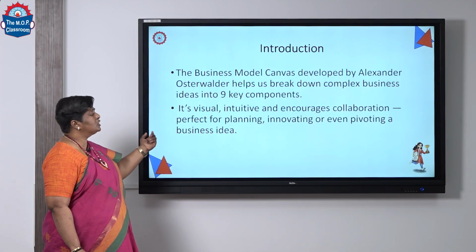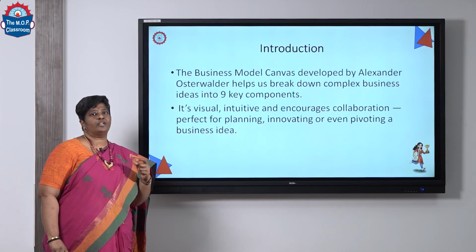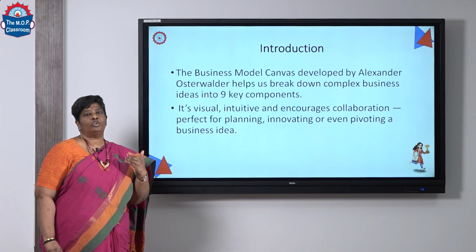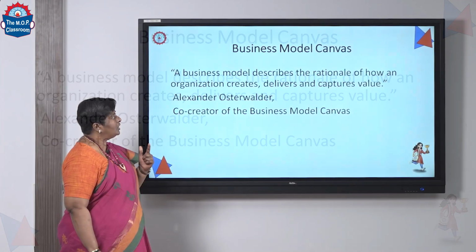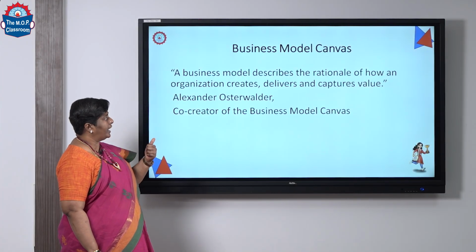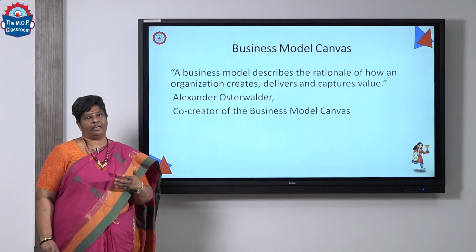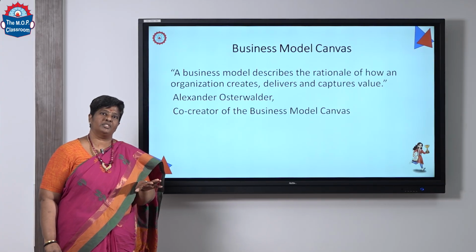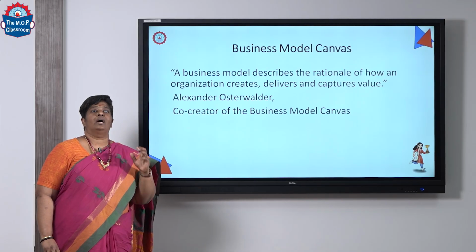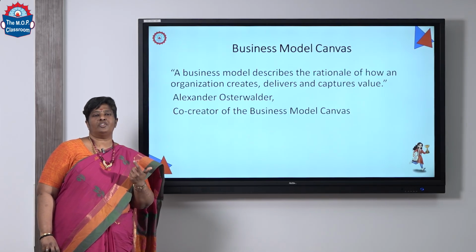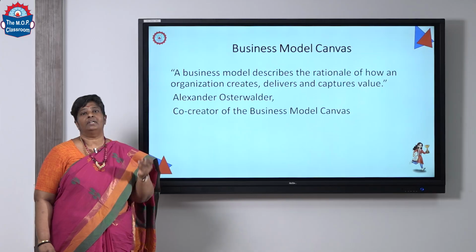If you see, it is visual, intuitive and encourages collaboration. It is an iterative process, it is not static. Alexander defined the business model canvas as the rationale of how an organization creates, delivers and captures value. If you see the 9 elements of the business canvas model, we can see how a business is going to create, deliver and also capture value.